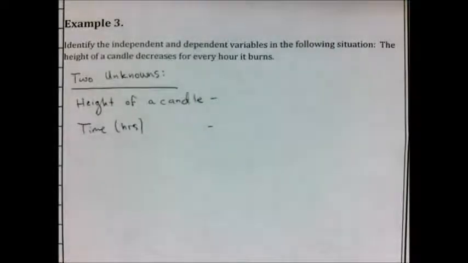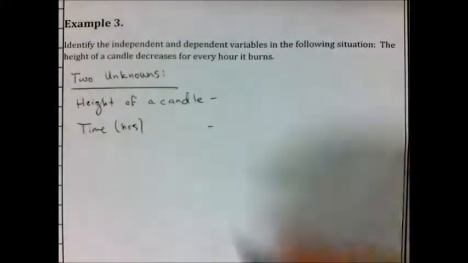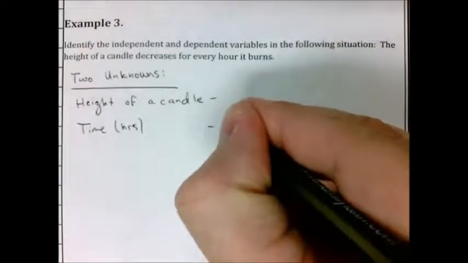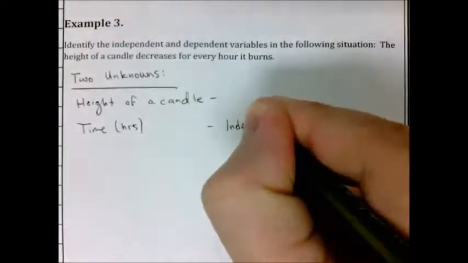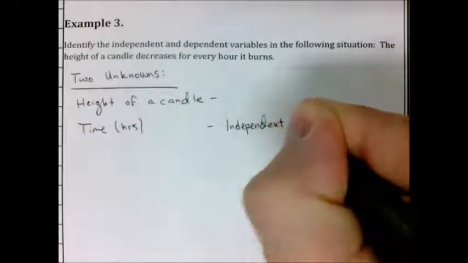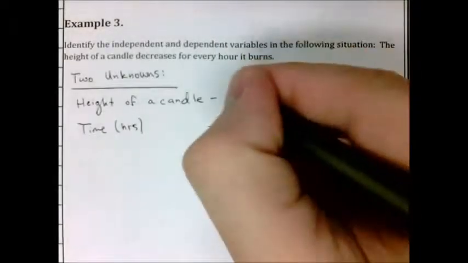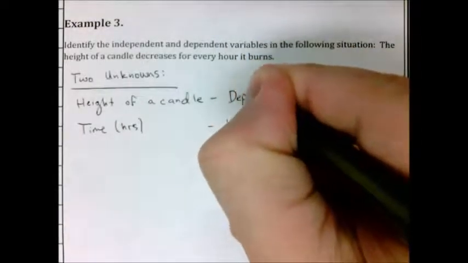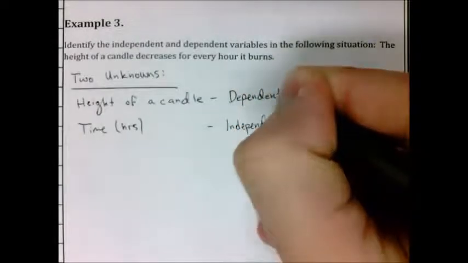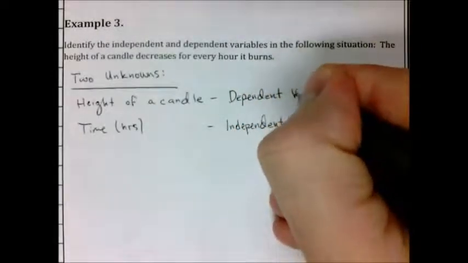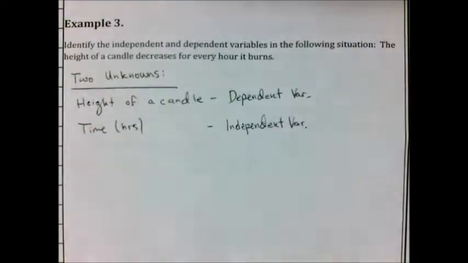What needs to be known in order to figure out the other variable? We need to know how much time has passed in order to figure out the height of a candle. So the time is our independent variable, which makes the height of the candle our dependent variable. And that's how you solve these types of problems.